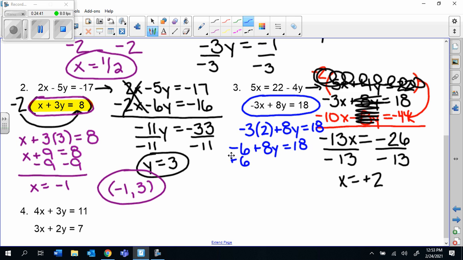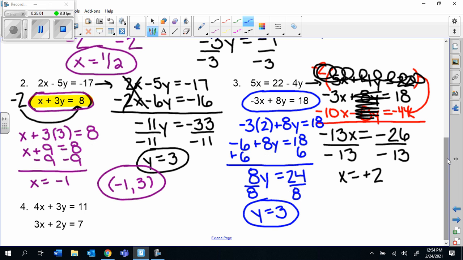Add the 6. 8y is going to be 24. Divide by 8. And y equals 3.